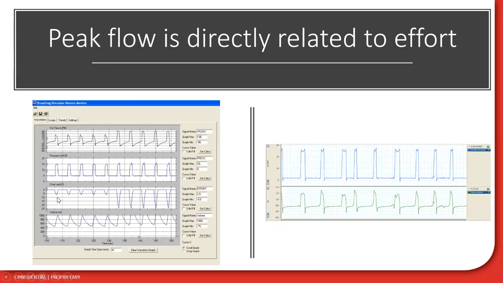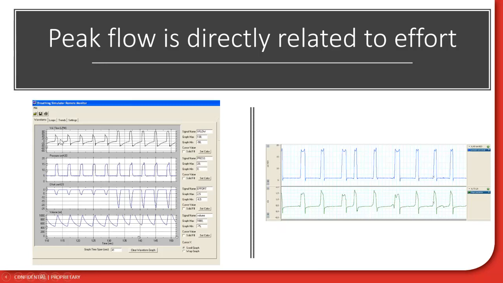So what did we do? In this sequence, we change the effort. From a moderate effort during the first half of the cycle, we shifted to an increased effort.